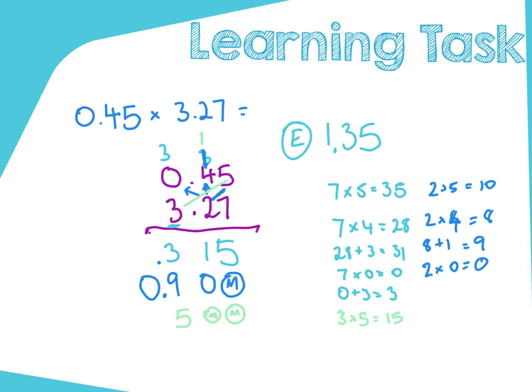Now you can see what's important, that I have different colours with this. Then 3 times 4. 3 times 4 is 12. 3 4s are 12. And then 12 plus 1 equals 13. So again, I put 13 down the bottom. So 3 goes over here, and the 1 goes up the top. And my last sum is 3 times 0, which equals 0. And then 0 plus 1 equals 1.